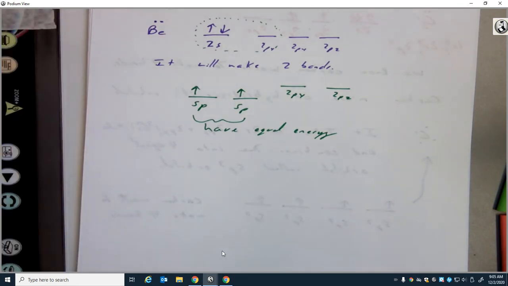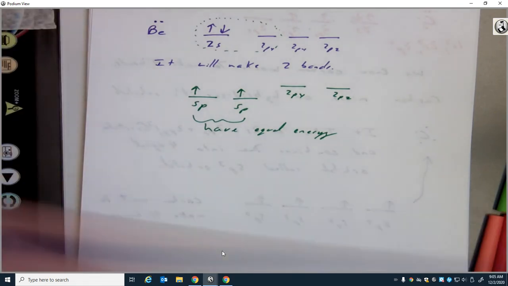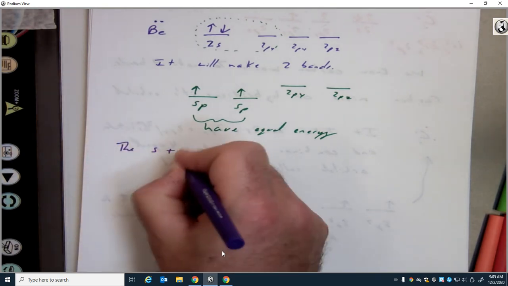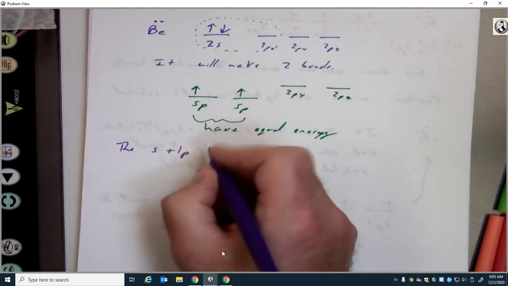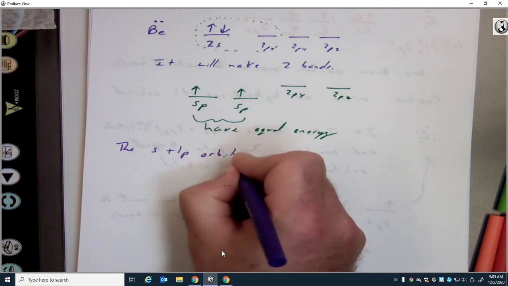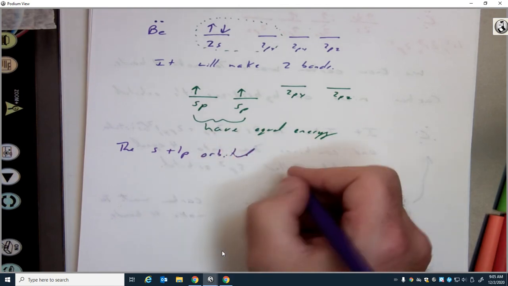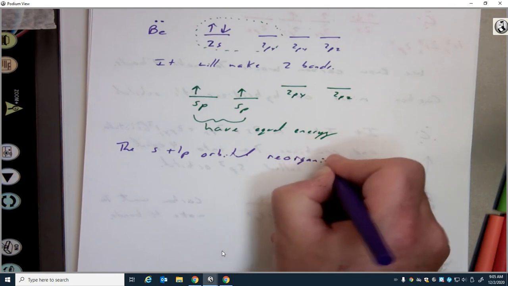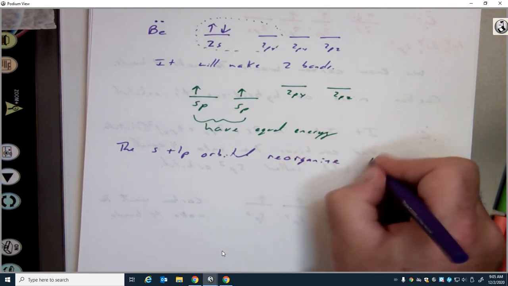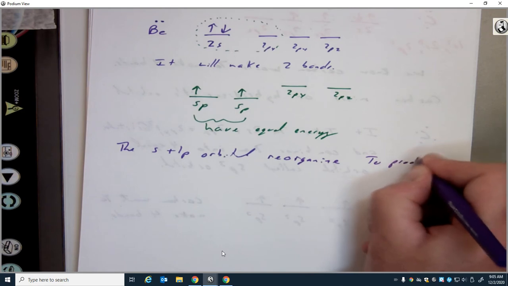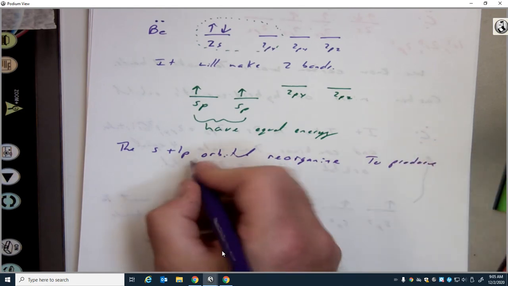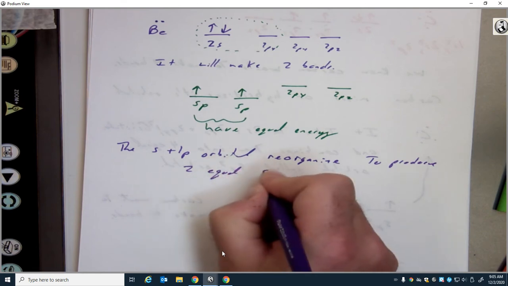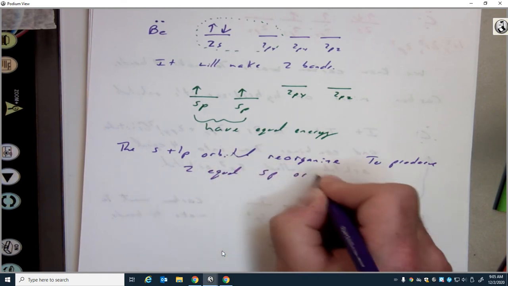So let's write this. The s and 1 p orbital reorganize to produce two equal sp orbitals.